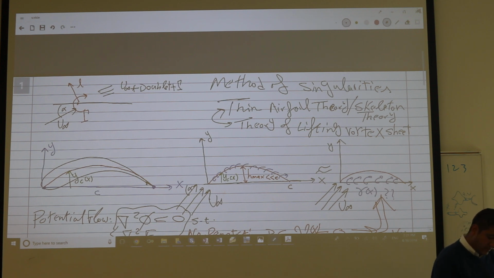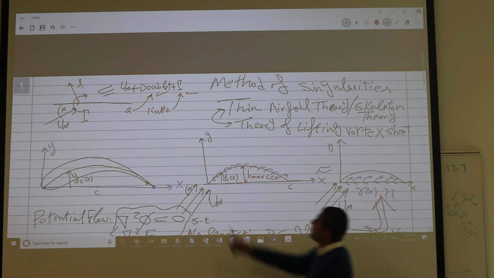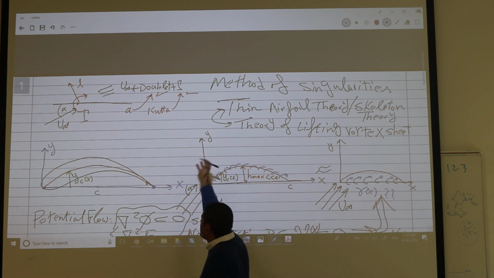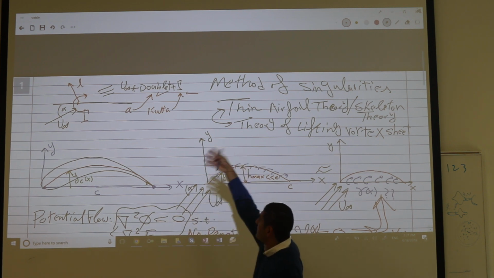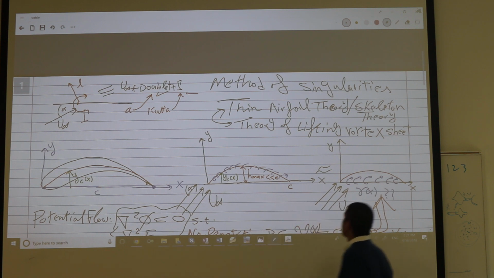And the radius of the circular cylinder dictates how much doublet strength. The Kutta condition dictates how much vortex. So if you know all your elements, you're done, right? Because then you can get the velocity at any point by adding the velocity from each one.